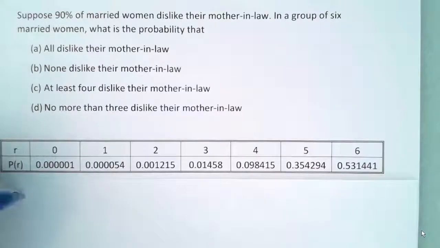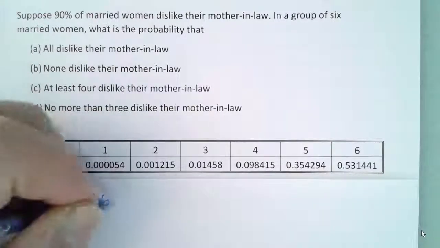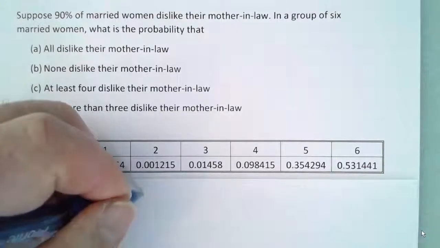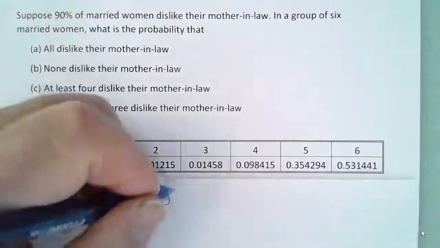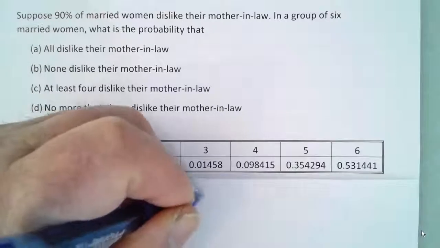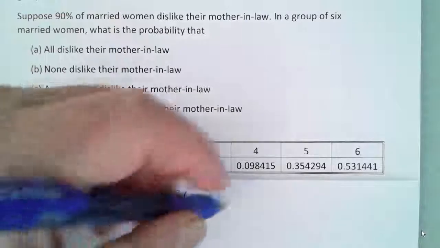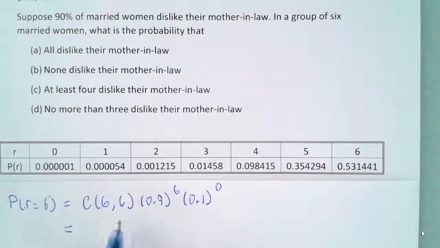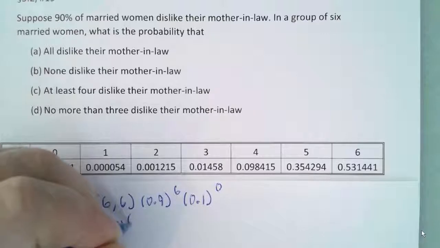Well, you'd say the probability that r equals 6 is equal to the number of combinations of 6 things taken 6 at a time times the probability of success raised to the r power 6 times the probability of failure raised to the n minus r power. Well, 6 minus 6 is 0. And if you remember your algebra, you can see that this actually reduces immediately to this number right here.